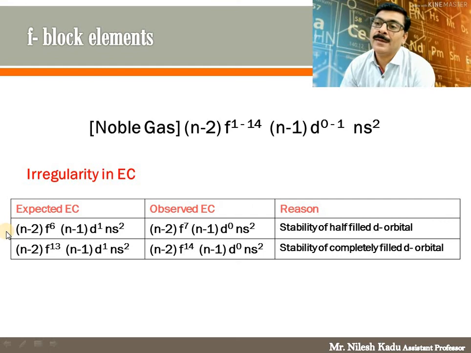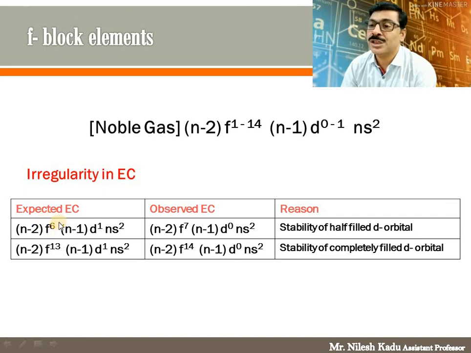Similarly, for an f block element there are two types of irregularity in electronic configuration, and which are these: (n-2)f6 is converted into (n-2)f7 because the half-filled f orbital is more stable, and the f orbital contains 7 electrons, so it is half-filled, and a half-filled orbital has more stability than the partially filled f6 orbital.